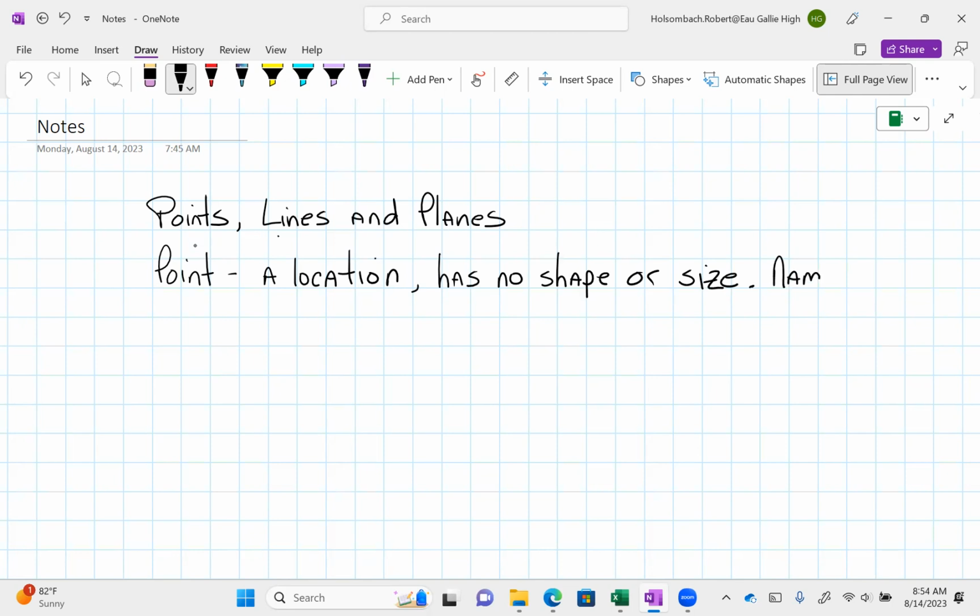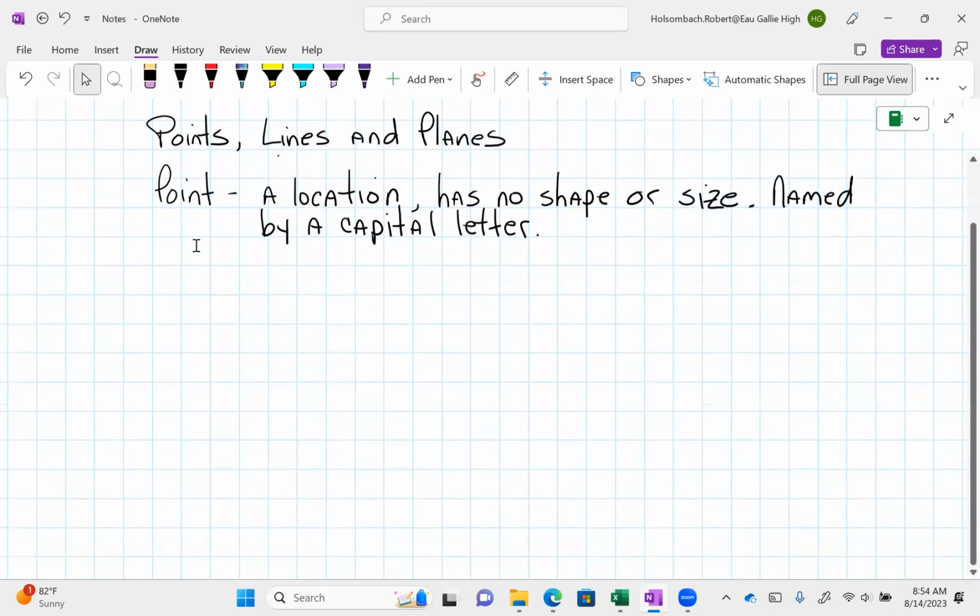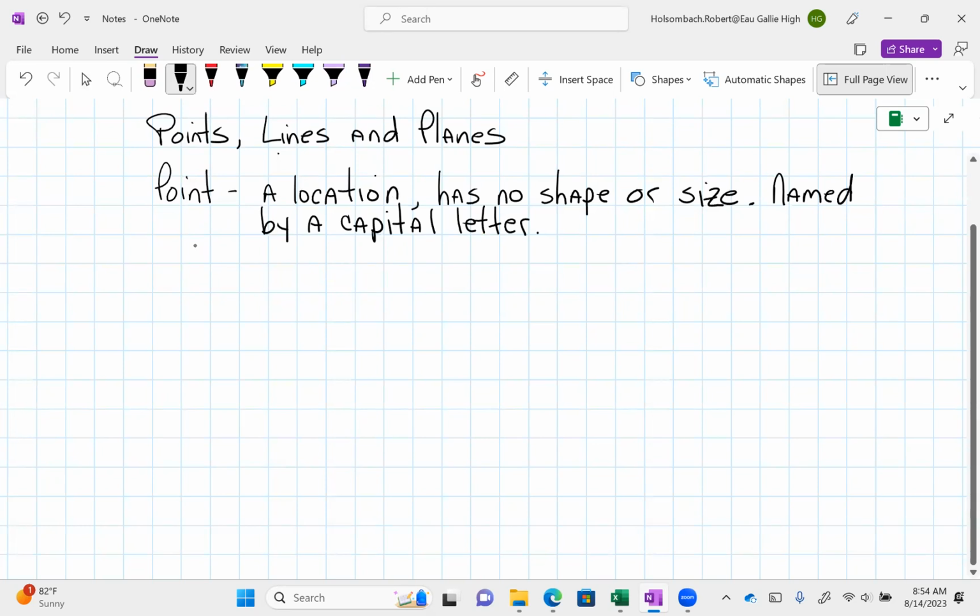It's named by a capital letter. All right, so point A right here.